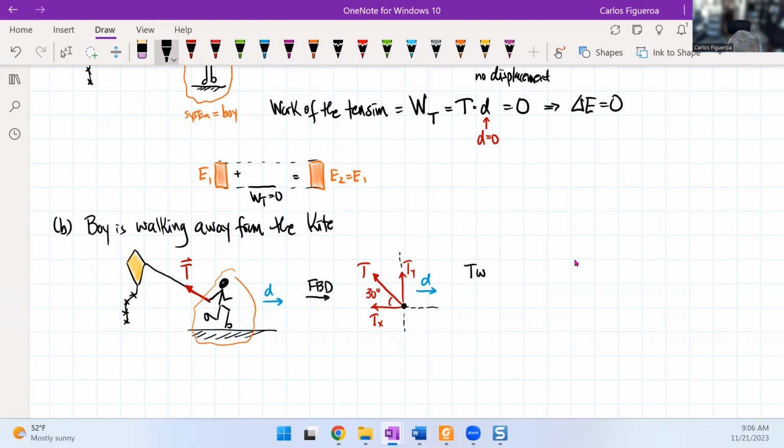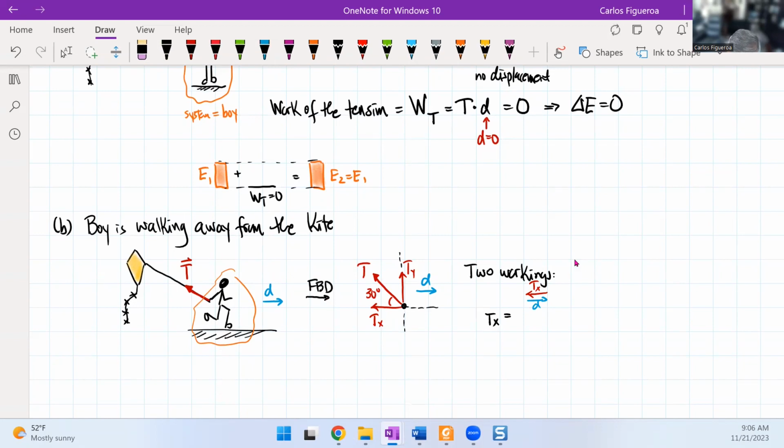One is the work of the tension in the x direction. And we clearly see that the tension in the x direction and the displacement are in opposite directions. So the tension in x goes like that, the displacement goes like this here.